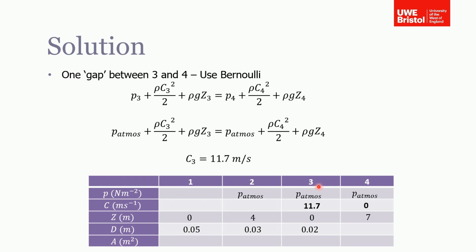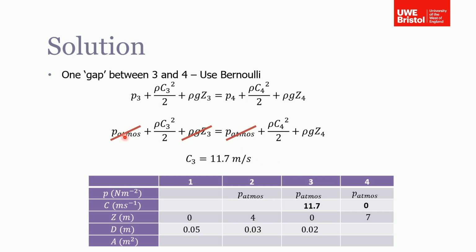Once we've got those, we can start working through to work out the velocities along here, to eventually work out the velocity in this pipe. And once we know the velocity in this pipe, we can work out from the area what the volumetric flow rate is. So if we take Bernoulli's between point 3 and point 4, and put in the values: first of all, we can see that Z3 is equal to 0, so we can cancel that term.